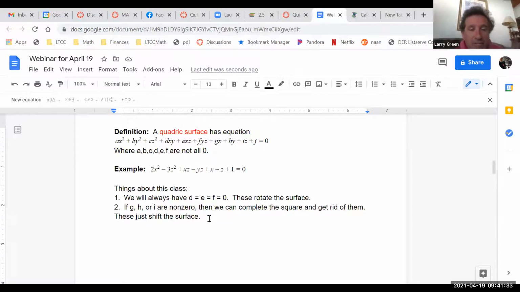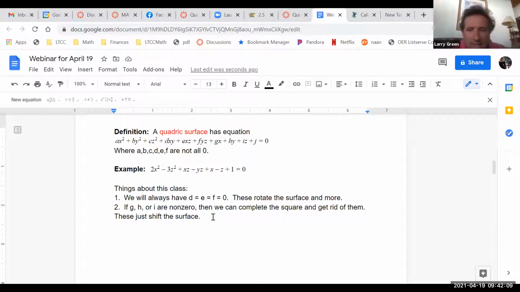G, H, and I shift the surface. So shift meaning a translation, just moves it to the left or right or up or something like that. But it doesn't change something that looks like a hyperboloid and turn it into something else. That's not going to happen. Whereas number 1 changes everything. I'm going to write and more. And I'll just stop it at and more. Any questions on kind of the basics of what these letters do?